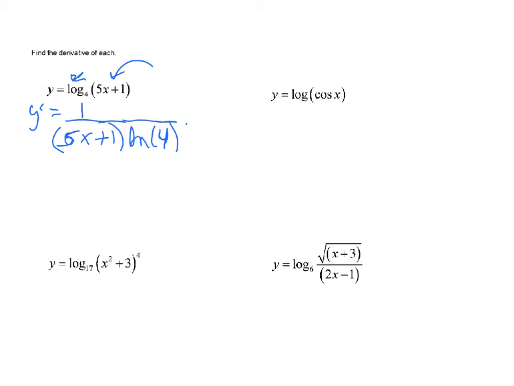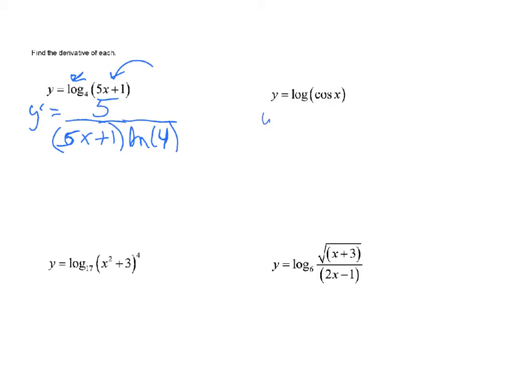Okay, so times 5. I often cheat and put the 5 right up on top to begin with to save myself some time and energy. All right, if you really want to multiply the ln 4 through, go for it, but it's not necessary.